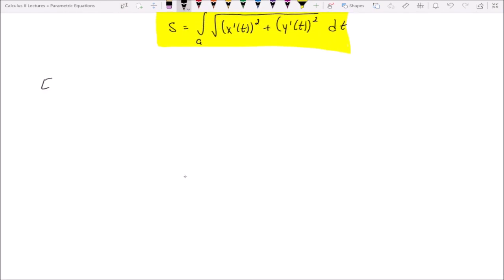We're going to use this to find the circumference of a circle.